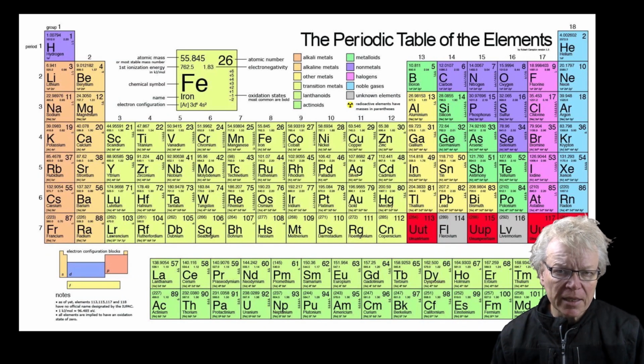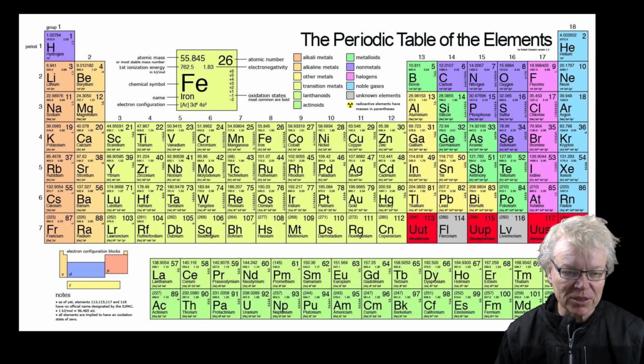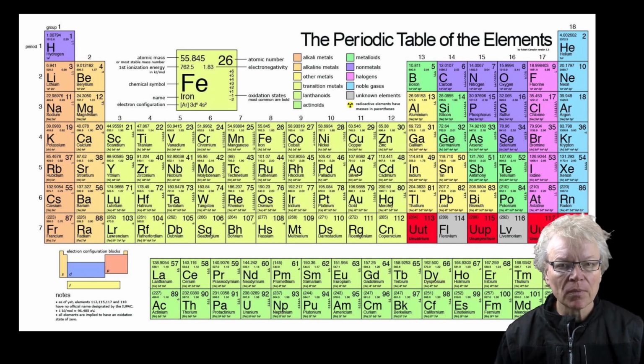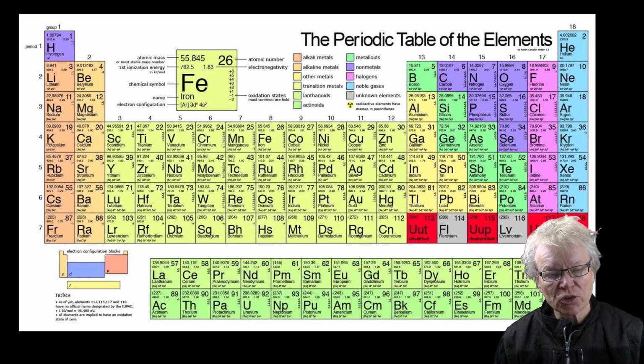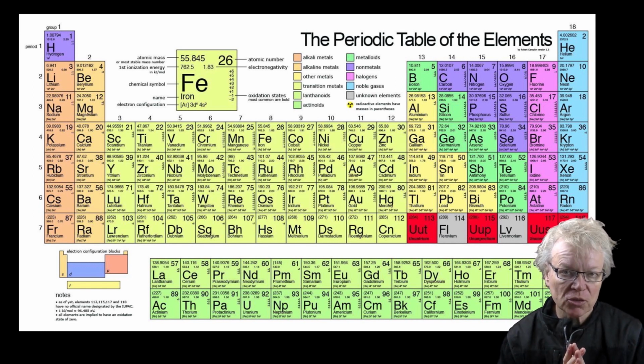Now, if you did any chemistry at school, you probably came across, or you should have come across, this diagram here, which is the periodic table of elements. Now, if you didn't do chemistry at school, don't panic. We're just going to look at this very simply.